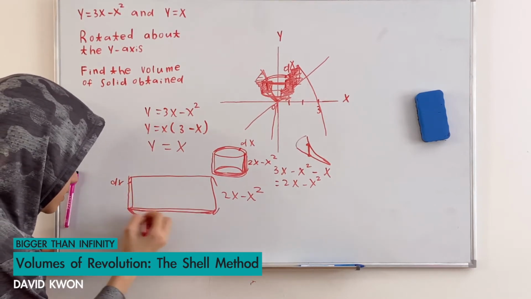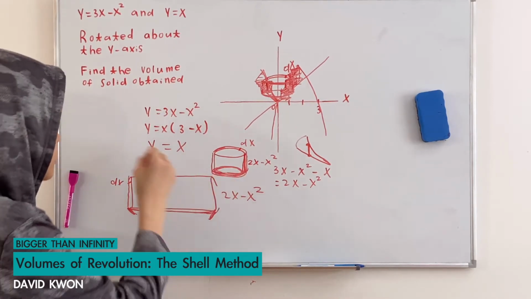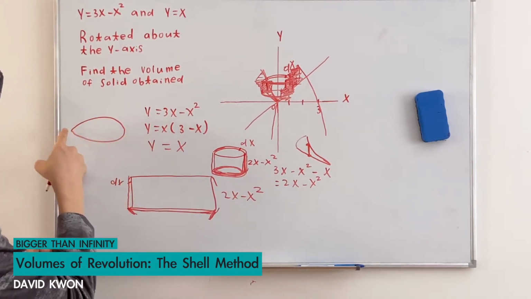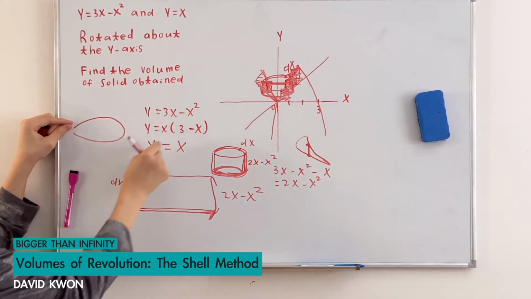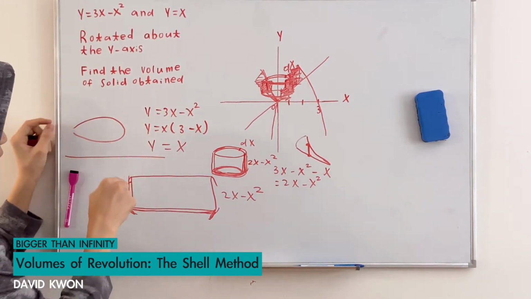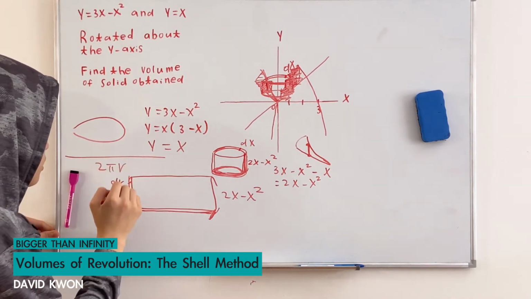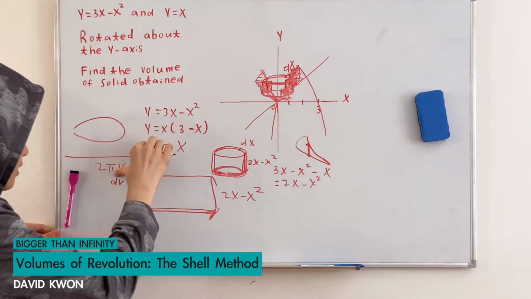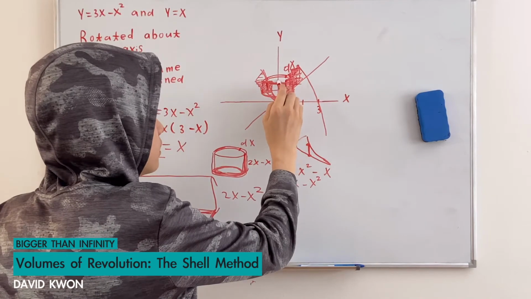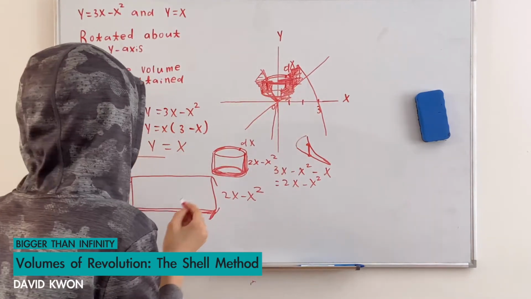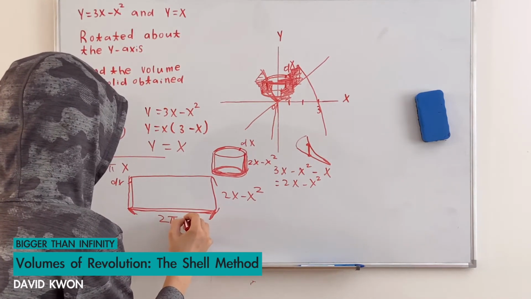Trying to find this length, that is just the circumference of the circle, because this circle is cut in half and then made into a straight line by pulling it like this. The circumference of a circle is 2 pi r, but the radius in this case is x, because it's on the x-axis. So this is equal to 2 times pi times x.